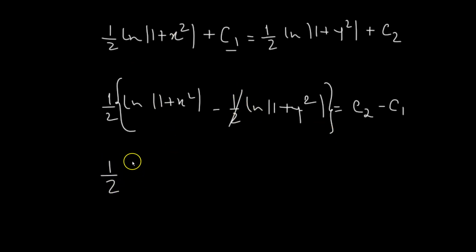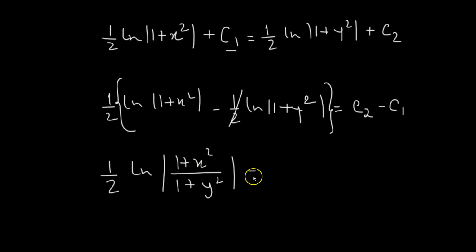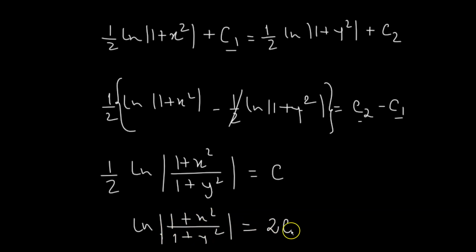So we have half natural log of 1 plus x squared divided by 1 plus y squared. All I've done here is use the property that log of a minus log of b is simply log of a over b. So this is equal to c2 minus c1. We are subtracting one constant c1 from another constant, so that should give us a constant c. So we have log of 1 plus x squared over 1 plus y squared equals 2 times c.